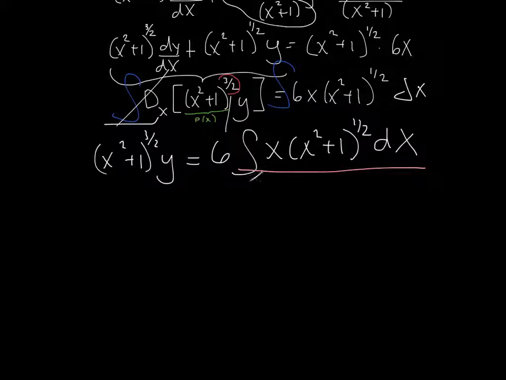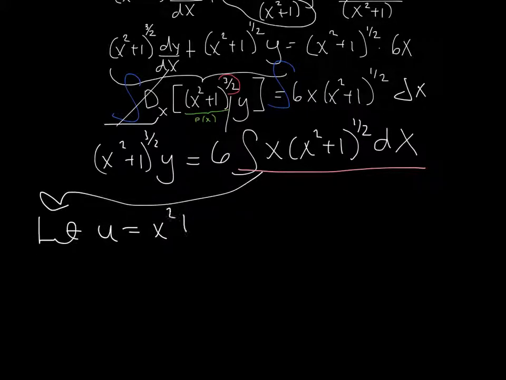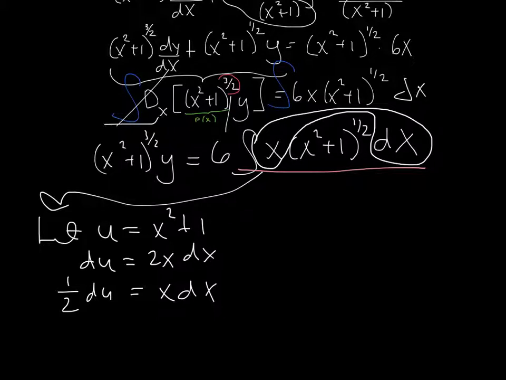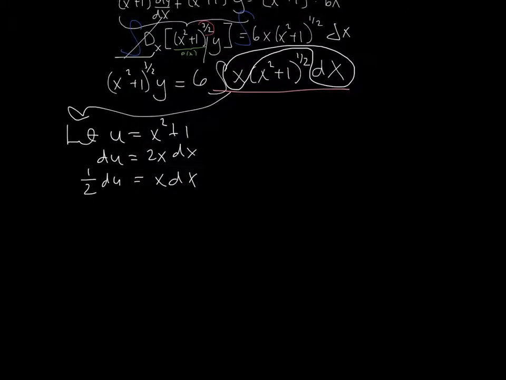So I'm going to let u be x squared plus 1. So du is 2x dx. And I'm going to solve for x dx, which is just half of du. Why? Because I have an x dx right there.